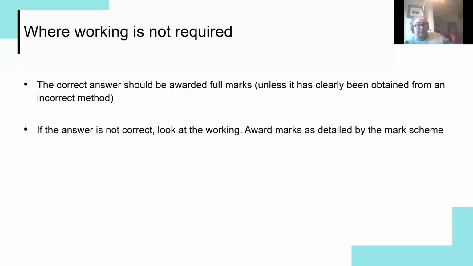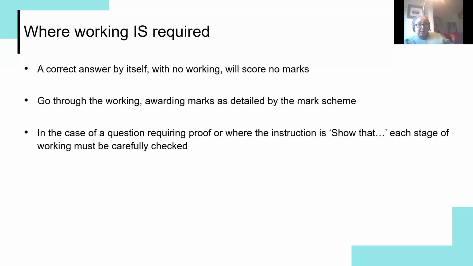And I've already mentioned these, but they're just there in more detail about where working is required, and you need to be looking for those words, show that. Your working must be shown. If there's a correct answer in the answer line, unless it is supported, they will get 0.